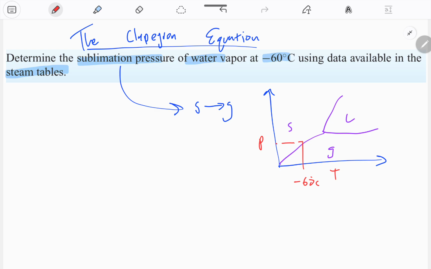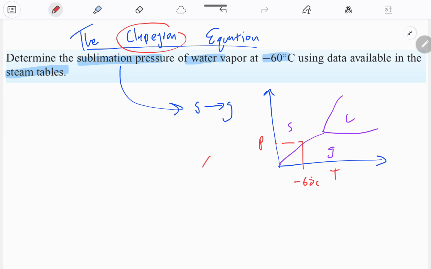So we're going to employ the Clapeyron equation, because it gives us the relationship of these slopes. This equation is derived from your Gibbs free energy equations, from the fact that the free energy is the same for both sides.